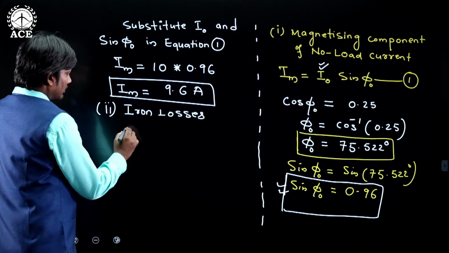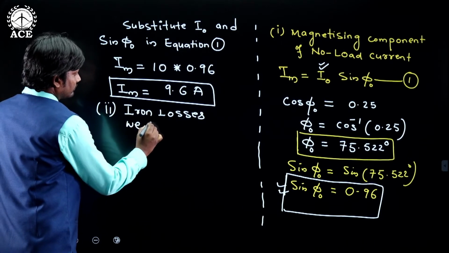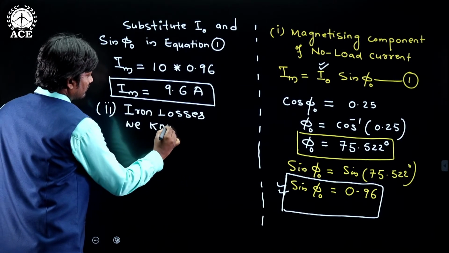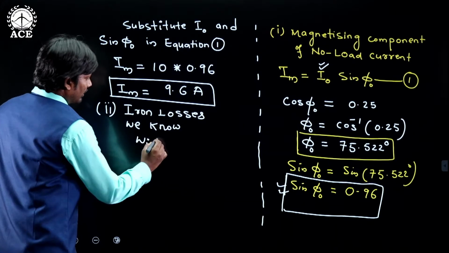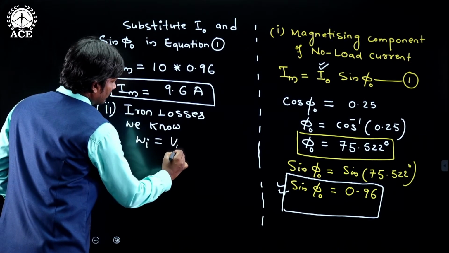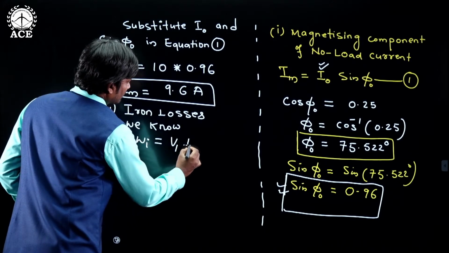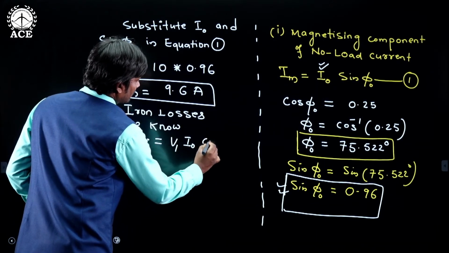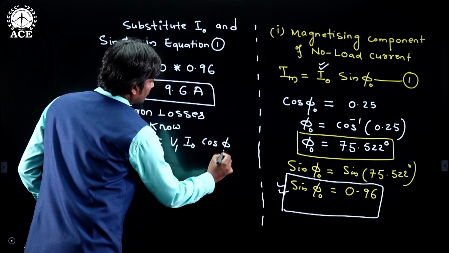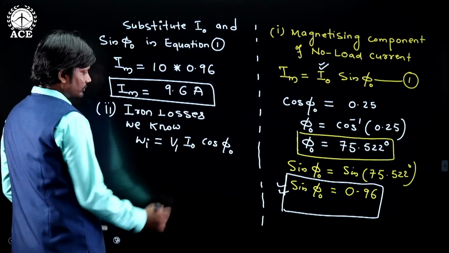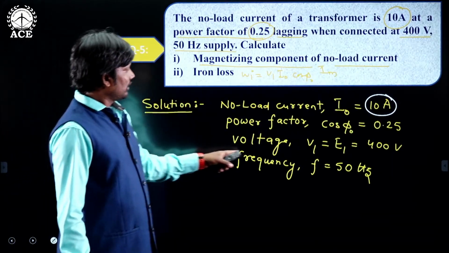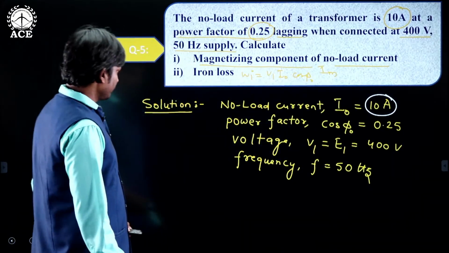Iron loss Wi is equal to V1 I0 cos phi naught. Substitute all the values, all values are given. V1 is equal to 400.